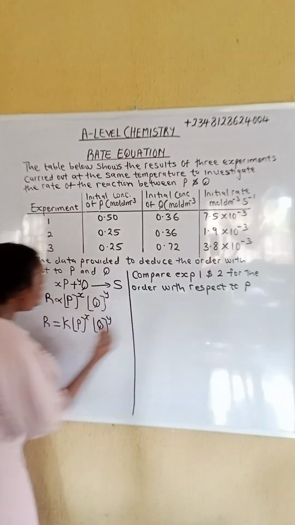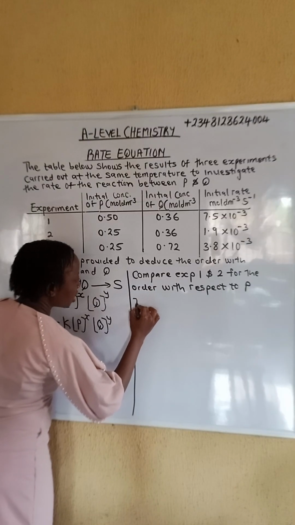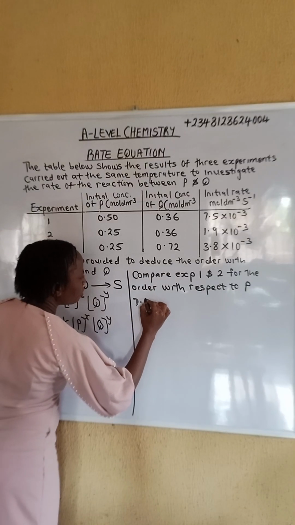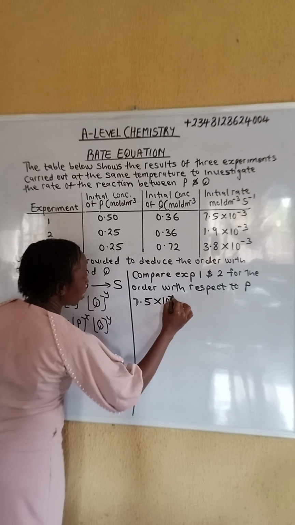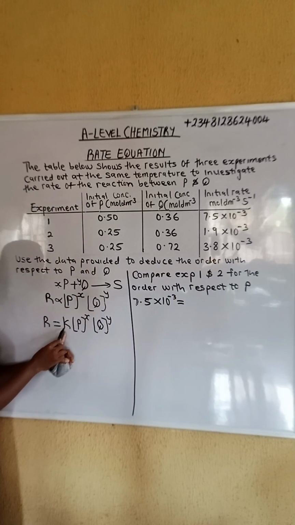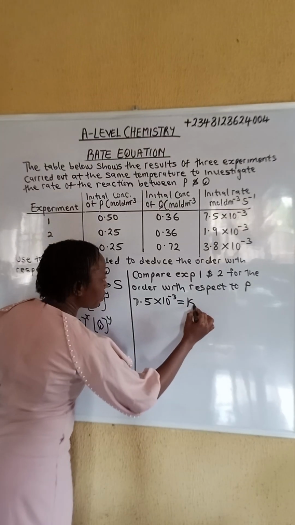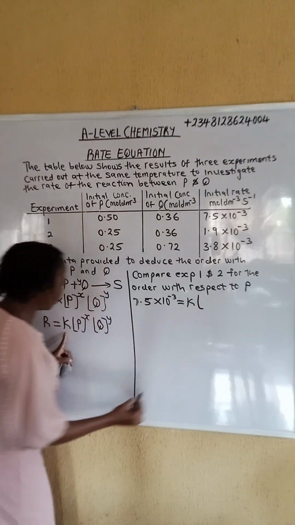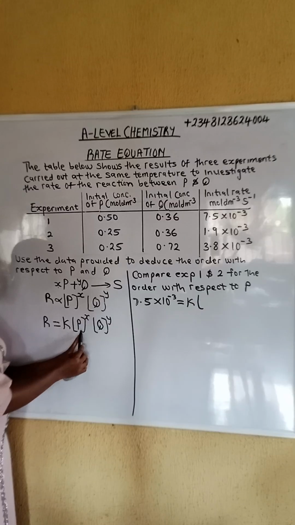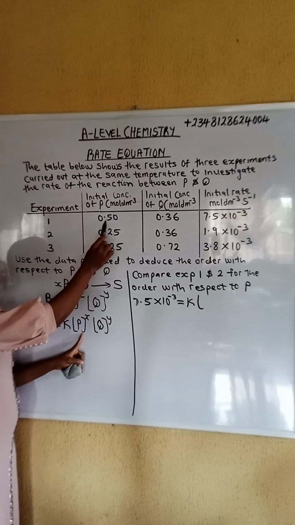So let's write the rate of reaction, which is R, is 7.5 times 10 raised to power minus 3. Then equal to, we don't know the constant K, which is the rate constant. So constant K, then in brackets, what is the concentration for P? P is 0.50.